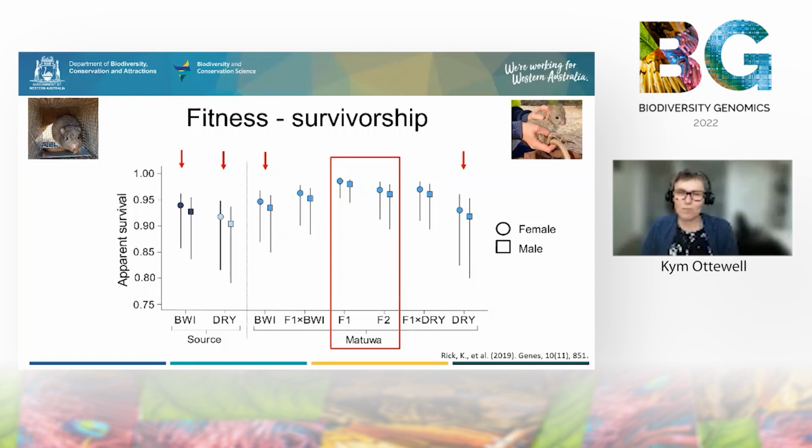So our results for the booty population at Mattawa were consistent with this increase in fitness in the F1 generation, but contrary to expectations under a model of outbreeding depression, that fitness effect was actually retained in the F2 generation, or at least we did not see a significant decline in fitness in that F2 generation that we might have expected to see if outbreeding depression was present in the population.